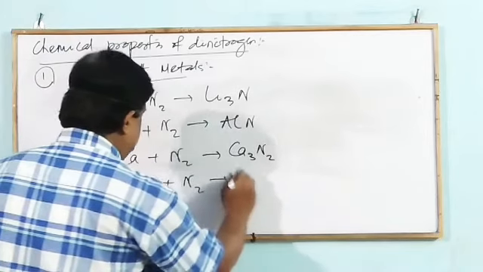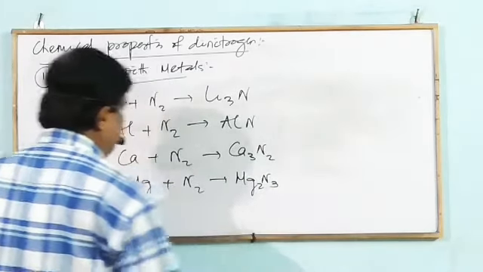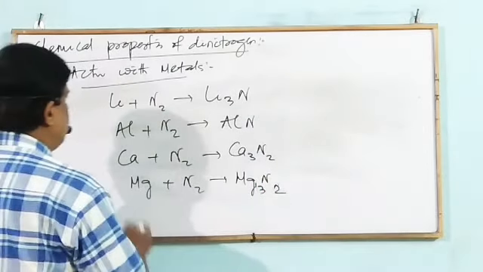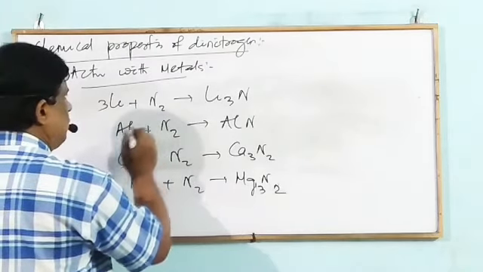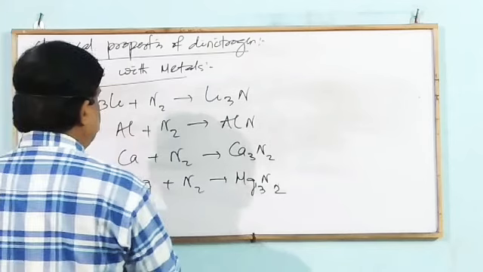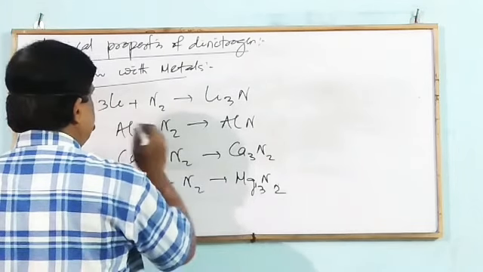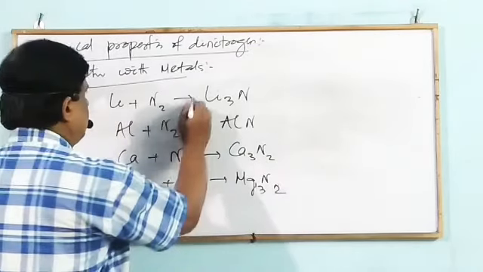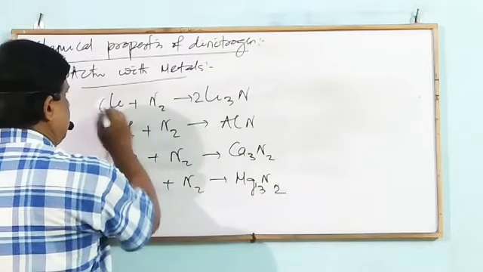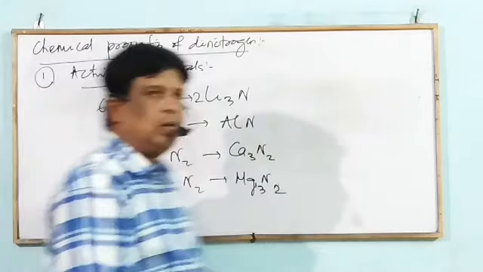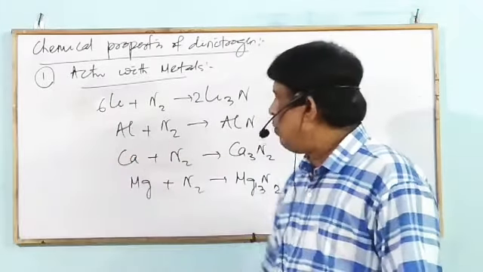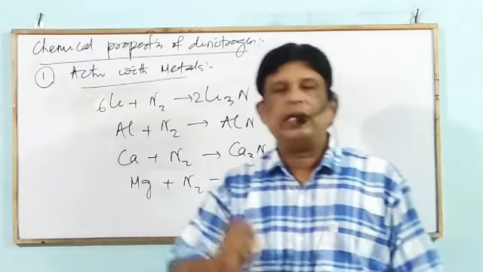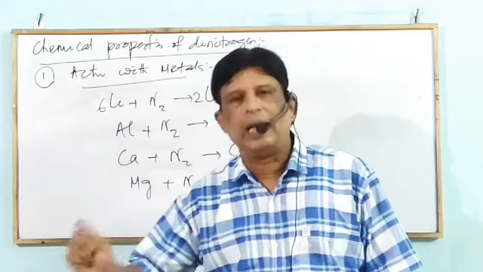Magnesium plus nitrogen gives magnesium nitride. Mark that. Metals like lithium, aluminium, calcium, magnesium, when treated with dinitrogen, result in the formation of the corresponding metal nitride.